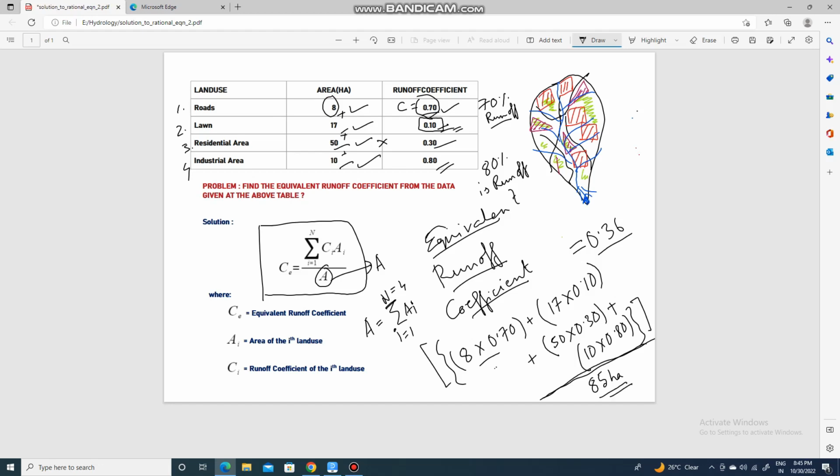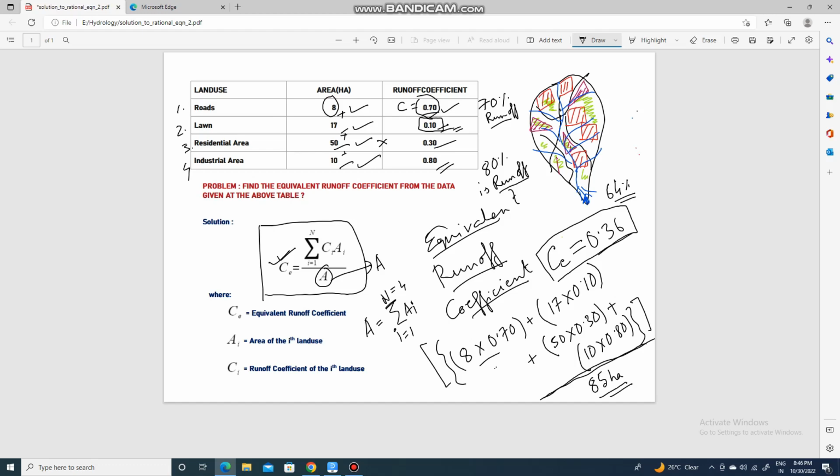So once you do that, your C, or equivalent runoff coefficient, will be estimated. In this case, this is 0.36. That means overall, on average, 36% of the water that falls onto the watershed is converted to runoff. That means nearly 64% of water stays in the watershed.